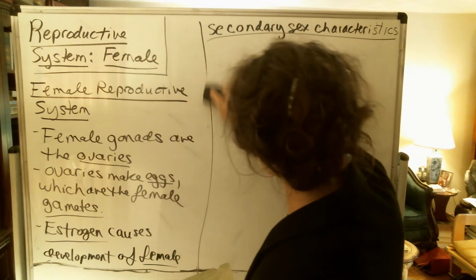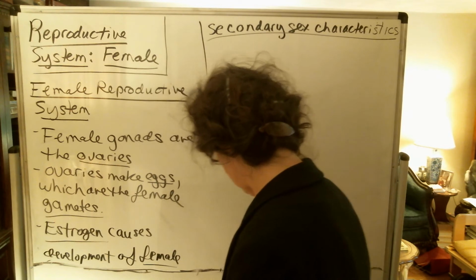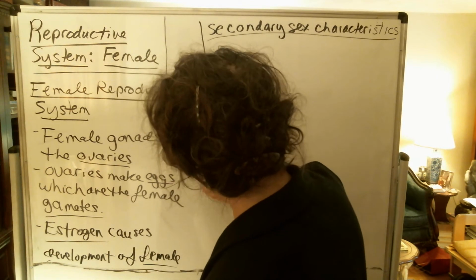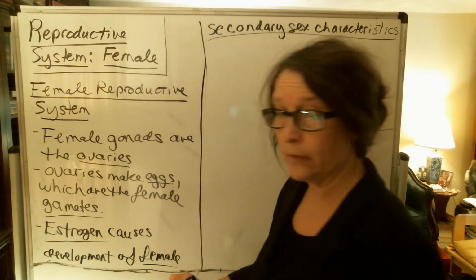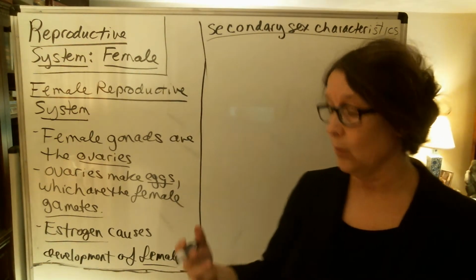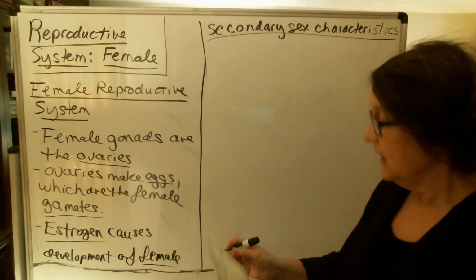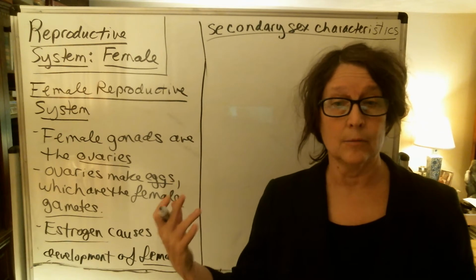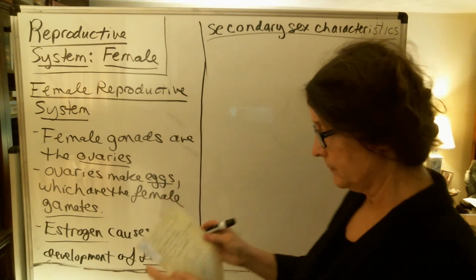Okay. So secondary sex characteristics are the things not directly related to reproduction that nonetheless will tend to indicate one sex or another. So this then will be things like wide hips and breasts and the like.